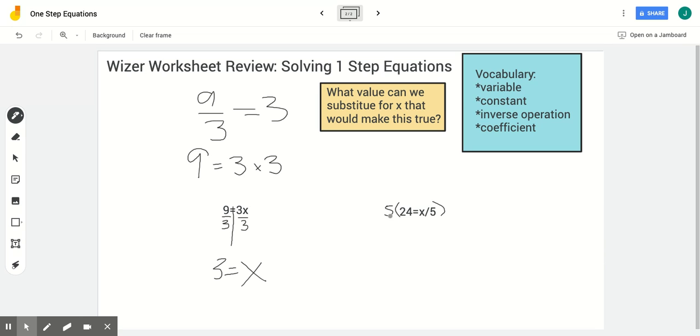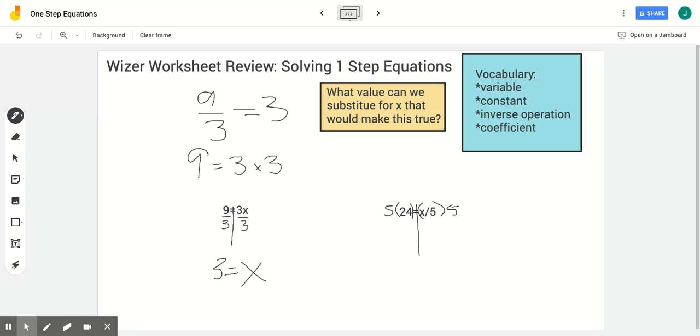So we have 5 times 24, which is, and I'm actually going to go ahead and separate it to show that we're multiplying 5 on both sides. So 5 times 24, if we wanted to go to Desmos, we could do that. Let's open a new tab.